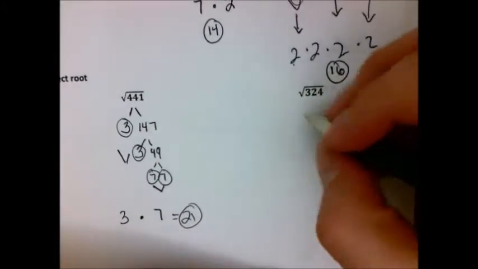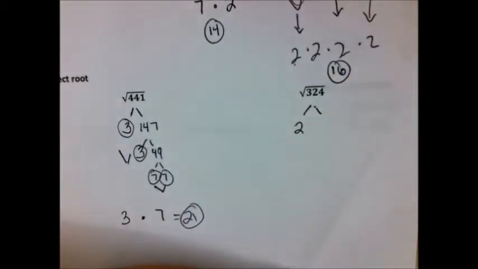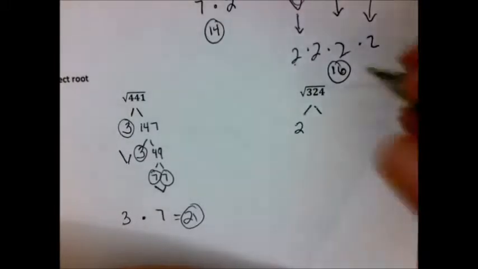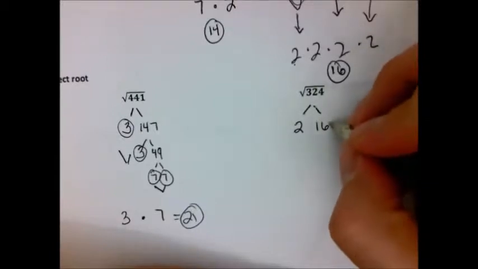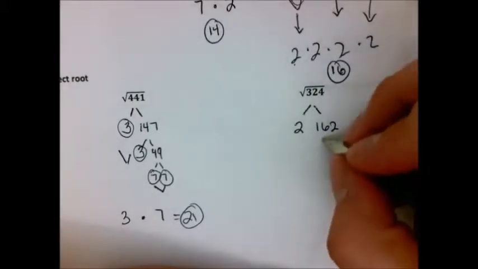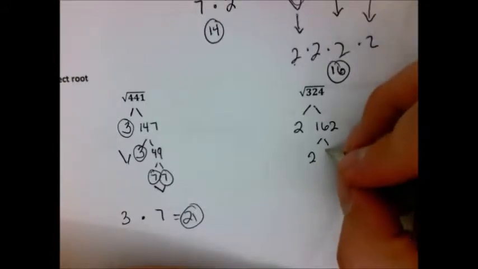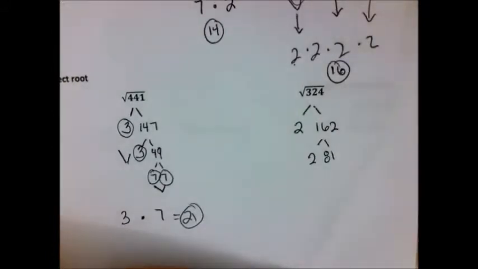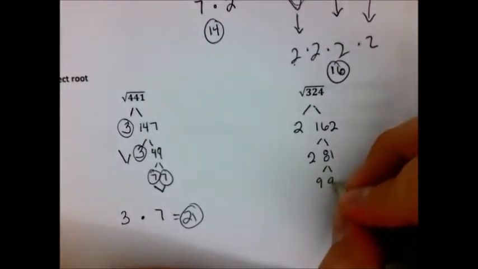Alright, let's try this next one. 324. So once again, I'm just going to start. We don't really know. I'm just going to use 2. Alright. So if I divide this by 2, I should get 162. Alright, well 162, it's got a 2 in it, so let's try 2 again. This breaks down into 81. Alright, well let's break down this 81. It comes 9 and 9.